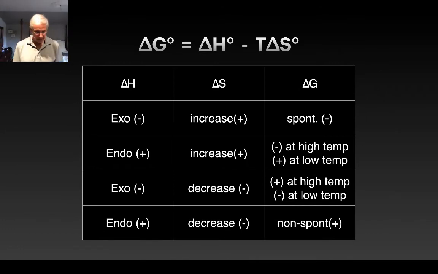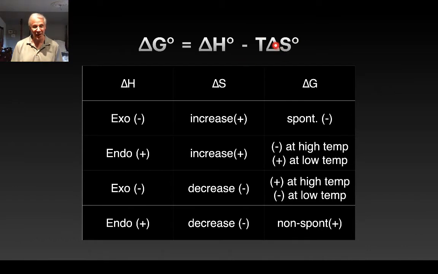And then our last situation is just the opposite from our first one, where we have both factors working against spontaneity. We have an endothermic reaction, so a positive delta H minus T delta S, where the delta S is negative. So we have a decrease in entropy that's working against spontaneity. And so we're going to have a positive value here, subtracting a negative value here.